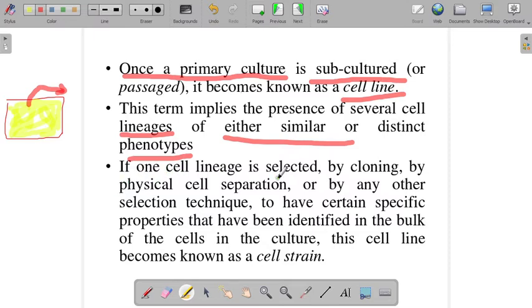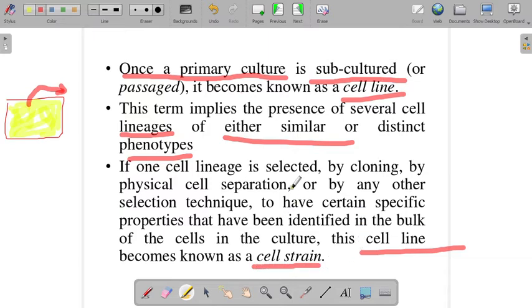If one cell lineage is selected by cloning or by physical cell separation or by any other selection technique to have certain specific properties, and that has been identified in the bulk of the cells in the culture, then this cell line becomes known as a cell strain, right?